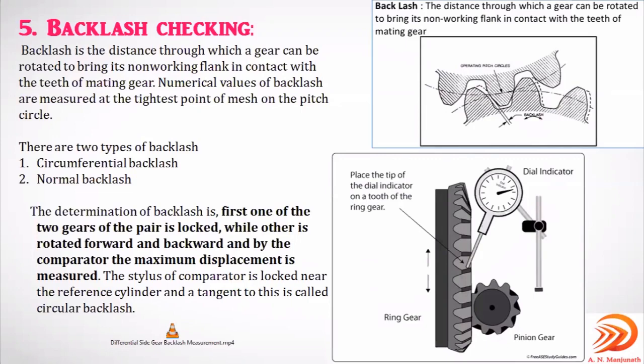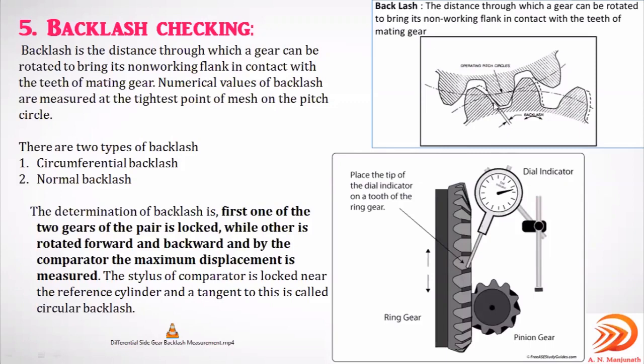Theoretically, the presence of backlash may lead to a decrease in efficiency. But practically, if there is no backlash at all, there is no free movement for the two gears while meshing. You can observe it in this image.